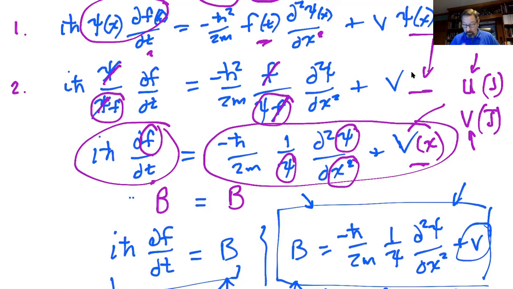The mathematicians maintain that it is impossible to come up with a function f whose time derivative and a function psi whose second derivative with respect to position will be equal to each other when multiplied by these fairly random constants, and have an additive thing over on the right side. It's impossible to find two such functions in all of mathematics.